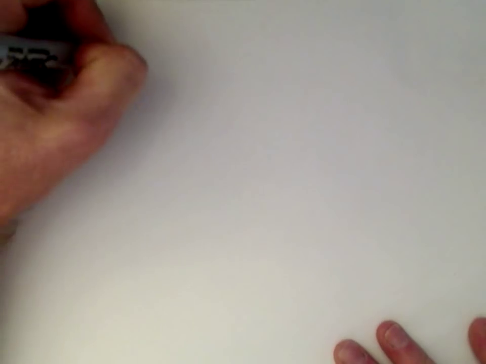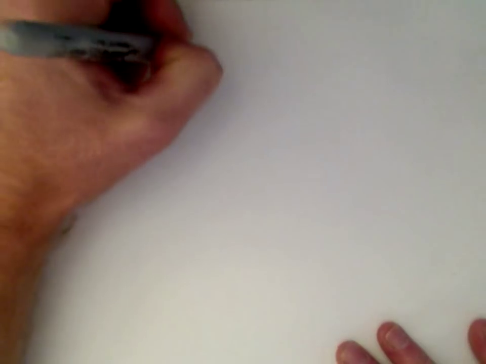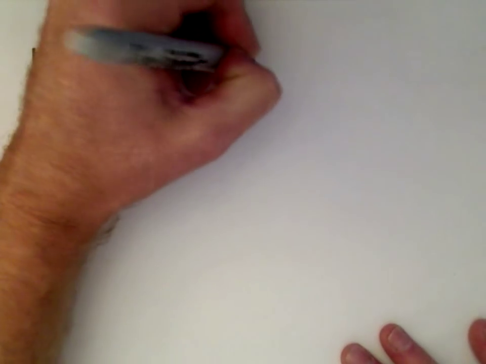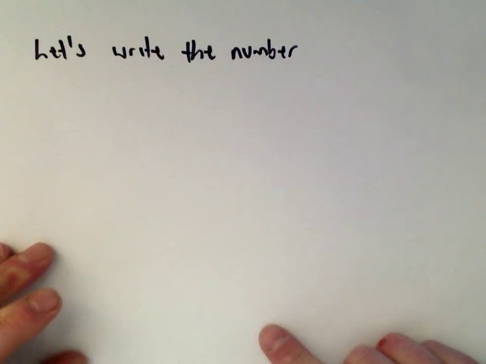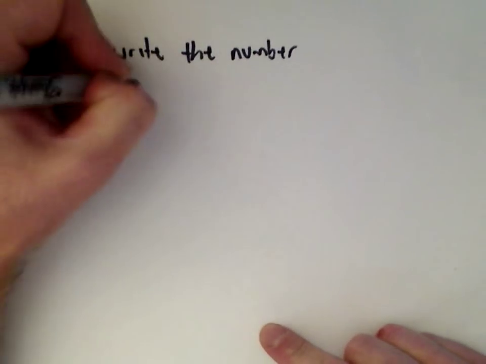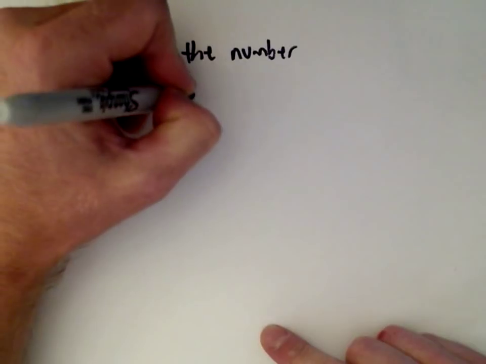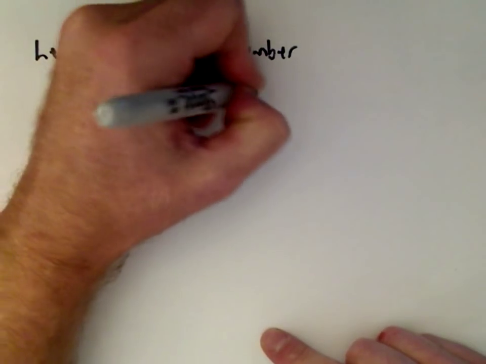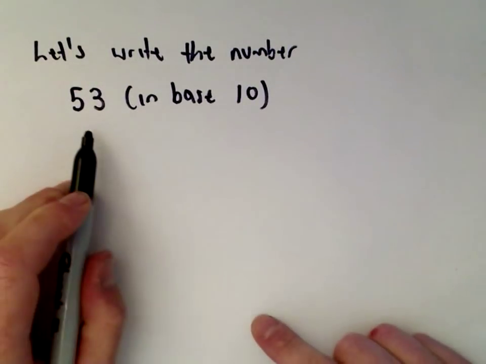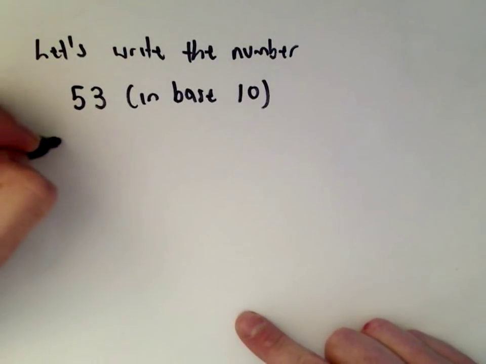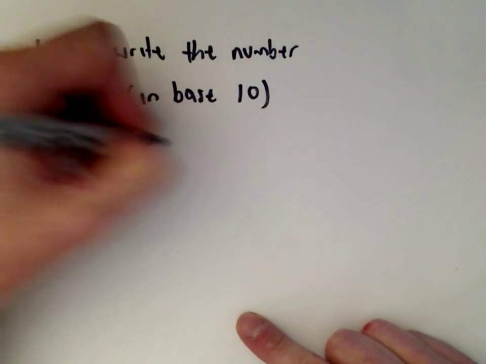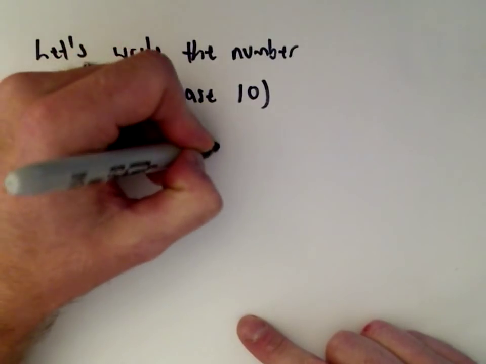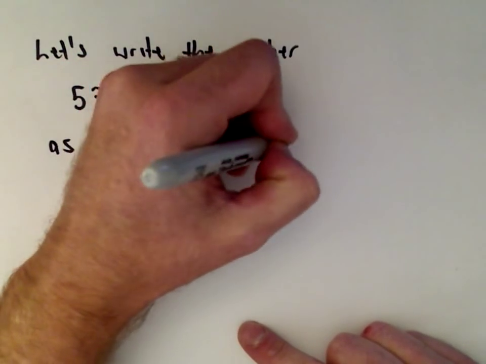Let's look at the number, and again I'm just making up a number at random here, 53, and we're going to assume this is in base 10. So let's write the number 53, which is in base 10, as a number in base 2.